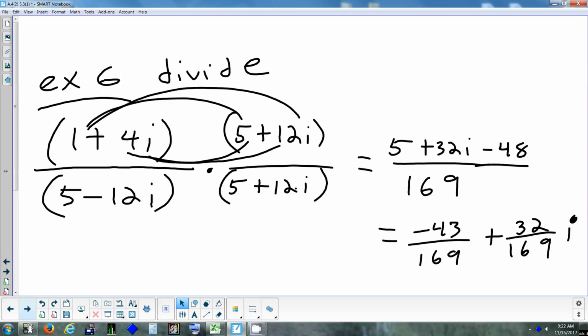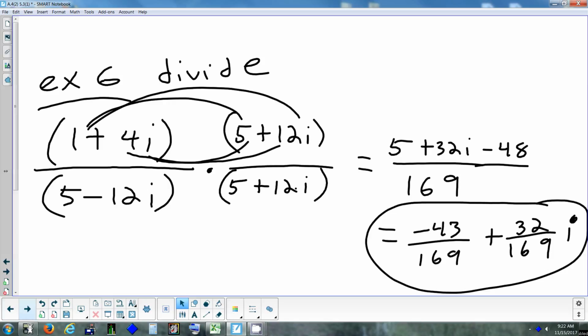And don't forget to put your i. If that fraction reduced, you could reduce it. That one doesn't. But if you had a fraction like, I don't know, 5/10, you'd want to reduce it to 1/2. Okay, so always reduce it if you can. Okay, so any questions on dividing?